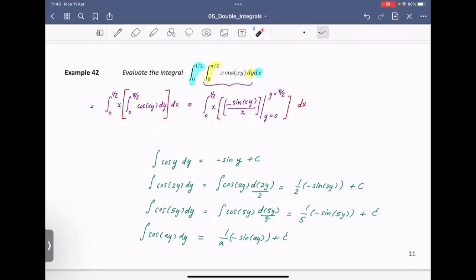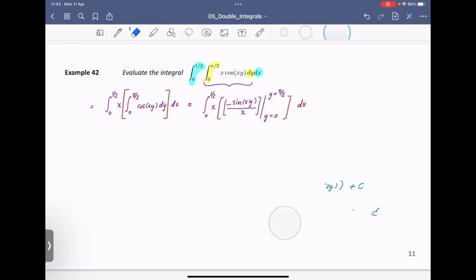Like if you pick u equal to xy, it's okay for beginners. But after you do it multiple times, you should learn how to do it faster. Sometimes you can make the notation more compact and faster. All right, this is good because x is going to cancel out as well.